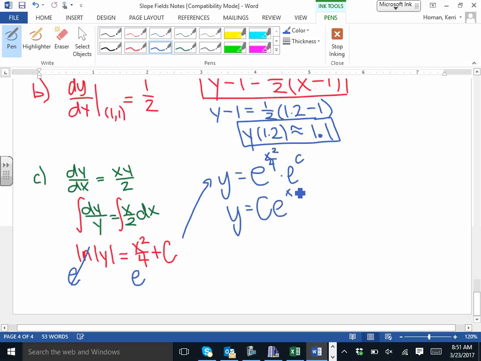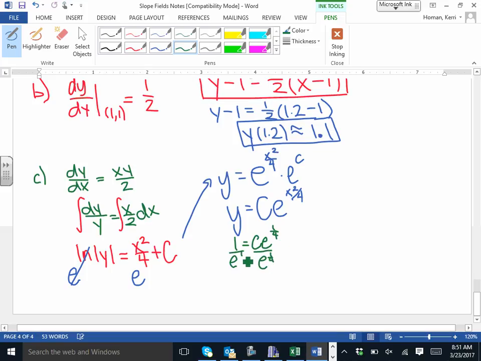How do we figure out what c is? Do we have an initial condition? Yes, we do. We have the initial condition of 1, 1. So if we plug in 1, okay, we get 1 equals c e to the 1/4.